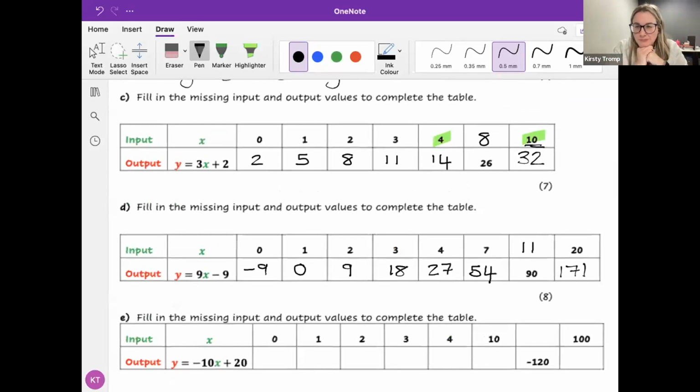How did we get 20? This last one. I mean, how did we get 171? No problem. Let's have a look. Let's do it together. So we said y is equal to 9 times by 20 minus 9, hey? Yes, ma'am.